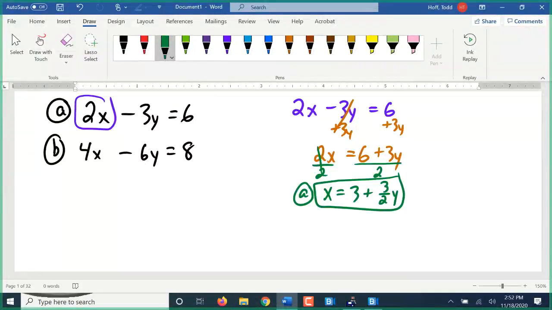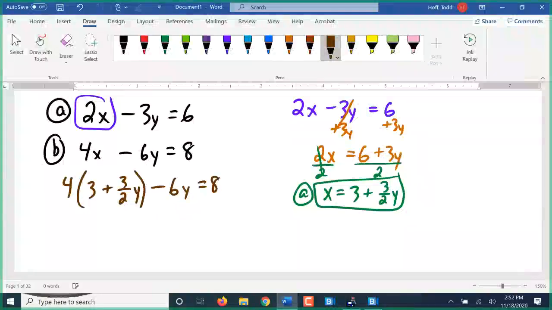Let's substitute it back into equation B here. 4 times x becomes 4 times 3 plus 3 halves y, minus 6y equals 8. Now we're down to one equation with one variable.